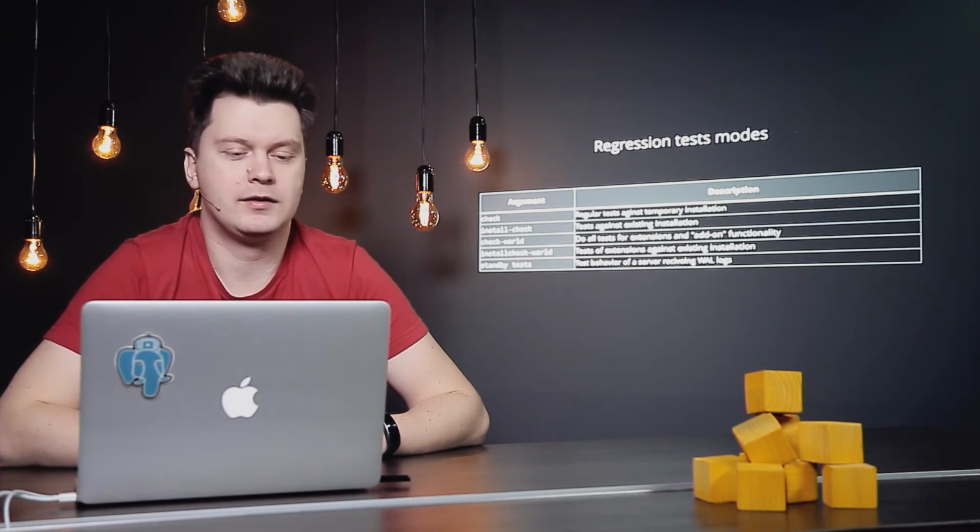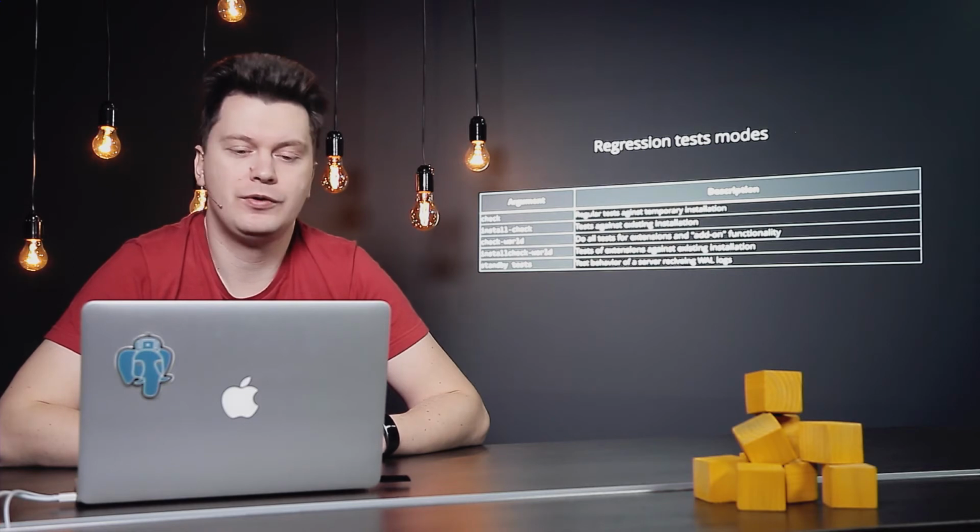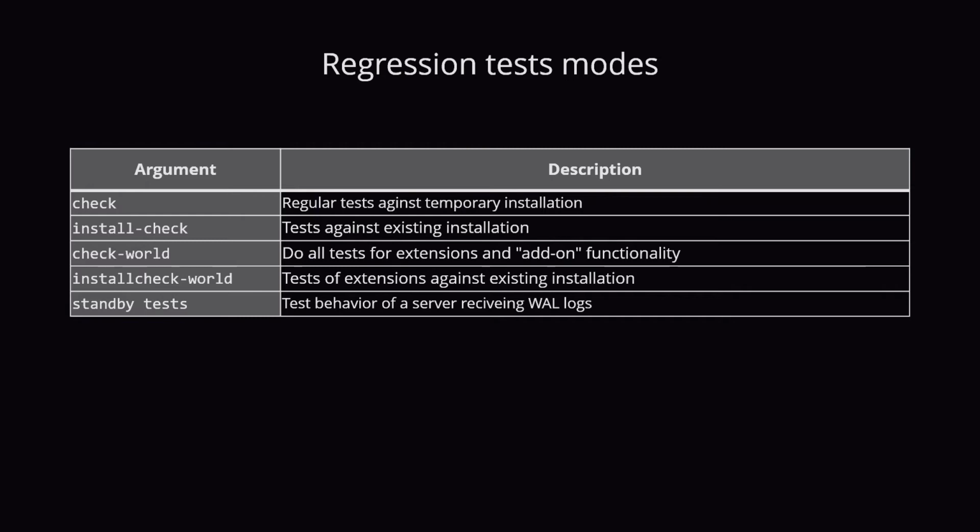The next mode of regression tests is install check world. This means that you check everything, including extensions, against an existing cluster. This mode is mostly prominent due to a requirement in review to use this mode for testing.